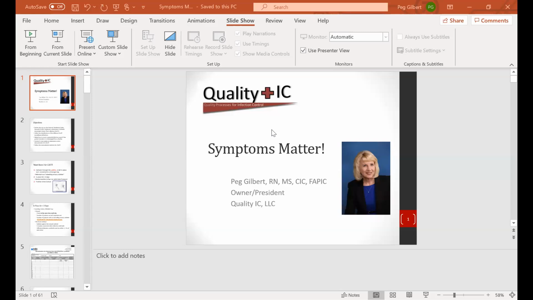So first of all, I think we have to look at what you have to have in order to say that something is a catheter-associated urinary tract infection. These are the first three things that have to be present before you can go any further. There has to be a catheter, and that catheter has to go through the urethra.